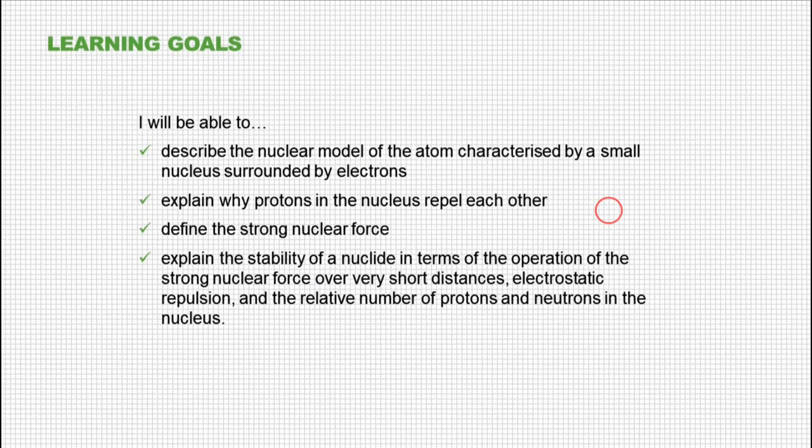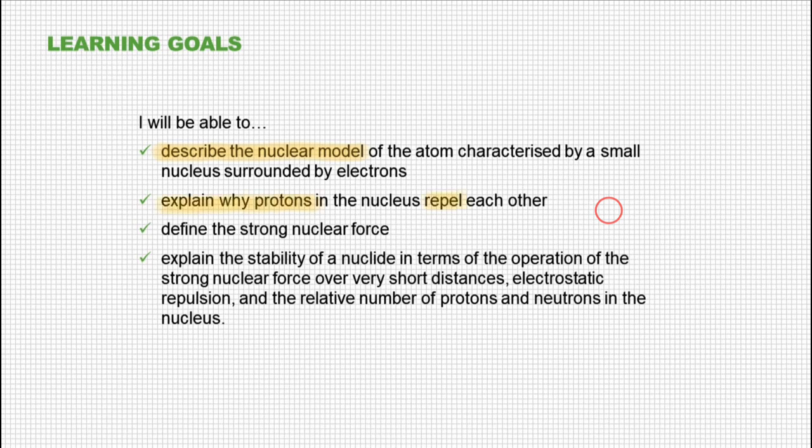Alright, so what you will need to be able to do by the end of this particular subtopic is, first of all, describe the nuclear model, keeping in mind that to describe means to state what its parts are and what their role might be.